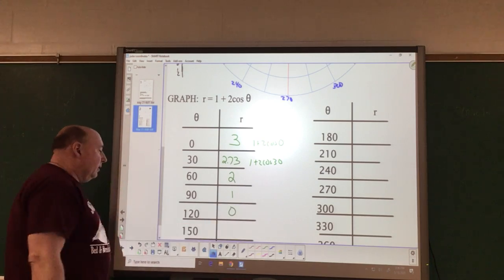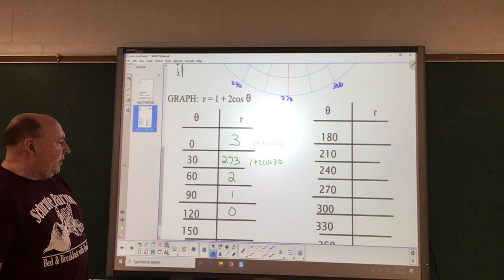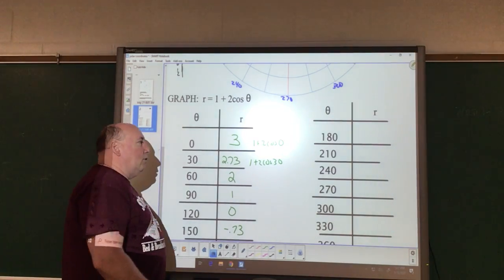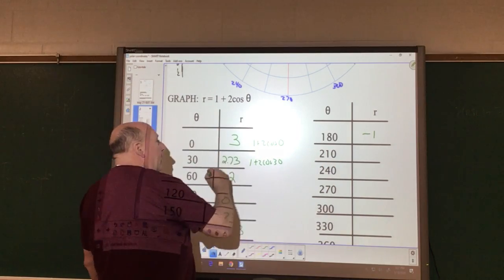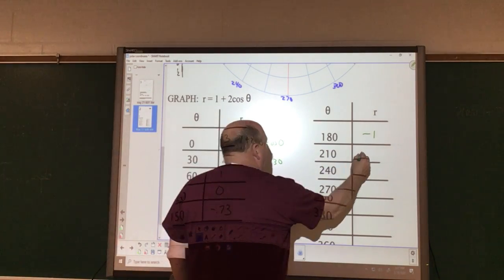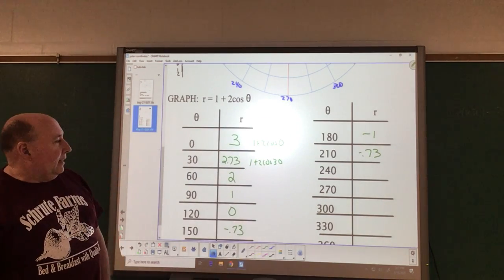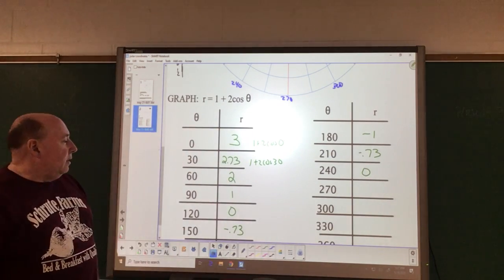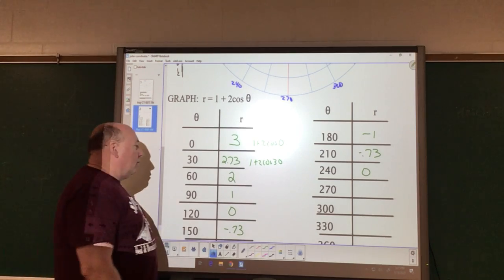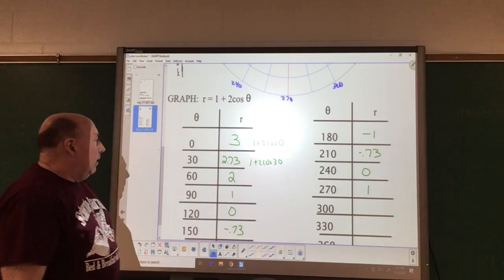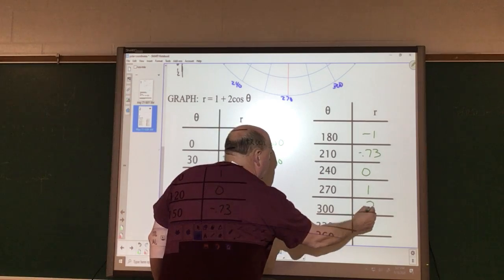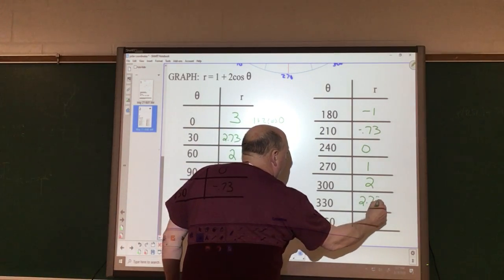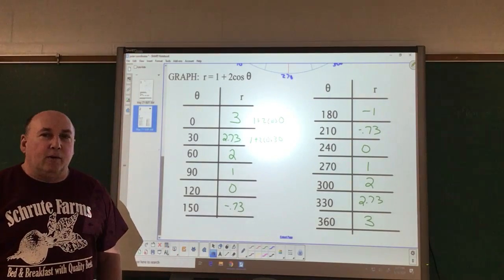This comes down to 0. 150, I think it comes down to negative 0.73. 180, I think, comes down to a value of negative 1. 210, 1 plus 2 cosine of 210, negative 0.73. 240, I think that comes down to 0. 1 plus 2 cosine of 270 comes down to a value of 1. 300 comes down to 2. 330 comes down to 2.73. And 360 comes down to 3.